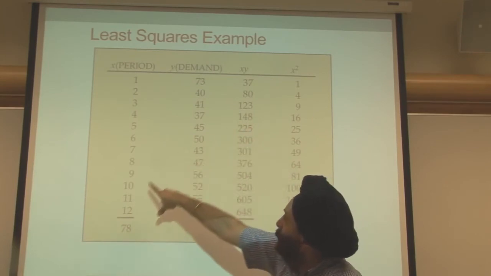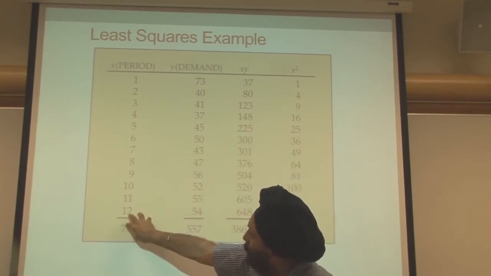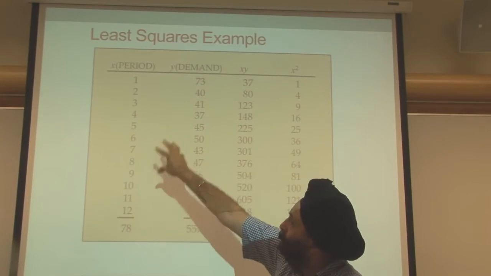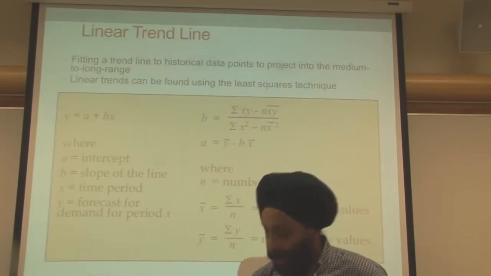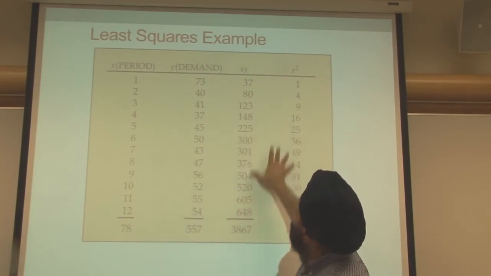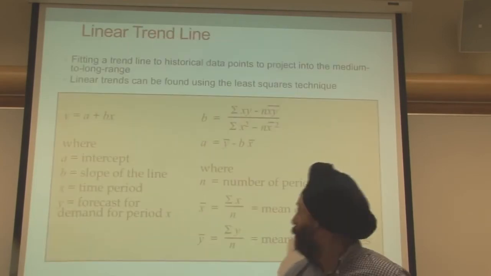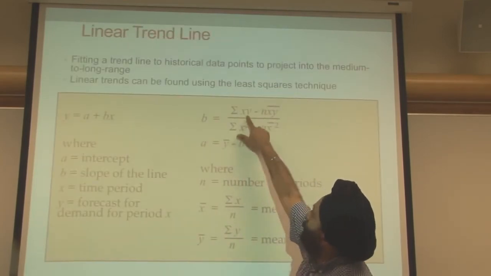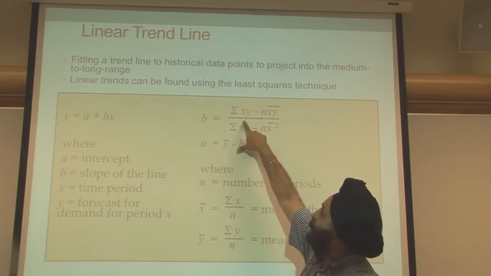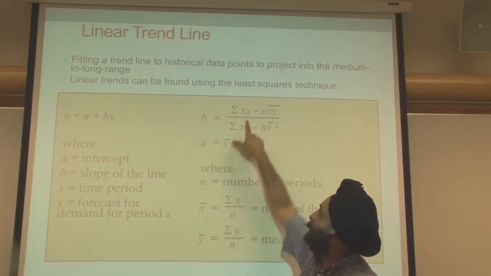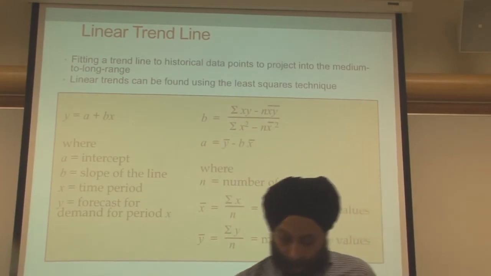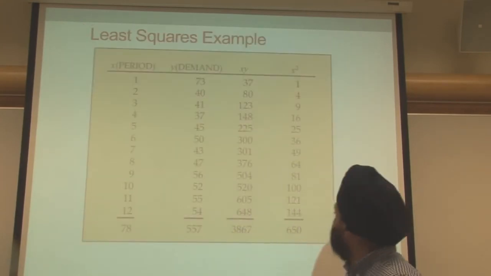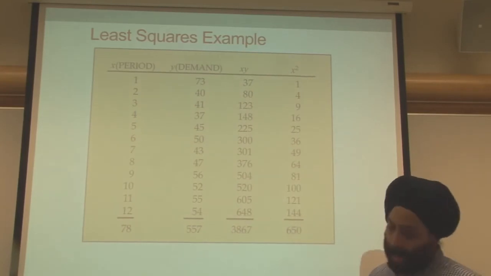You can also take the squares of the first column to get X squared. You need these last two columns, and you can see the sum of XY and X bar. Those are the numbers you're looking at.